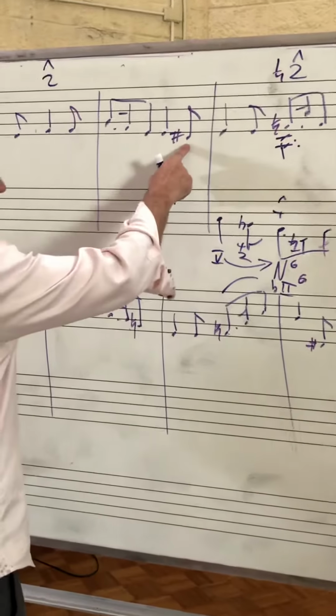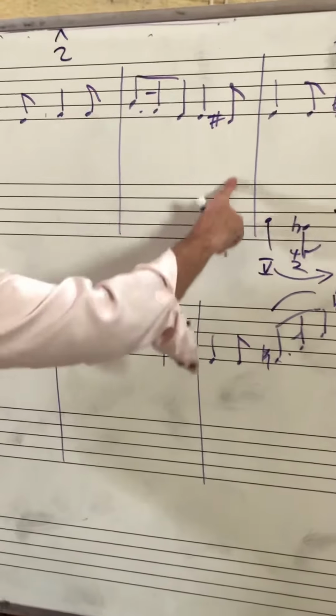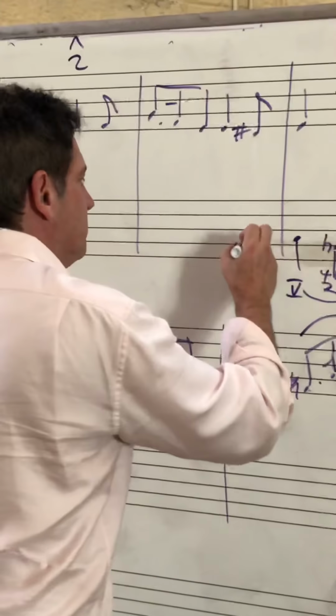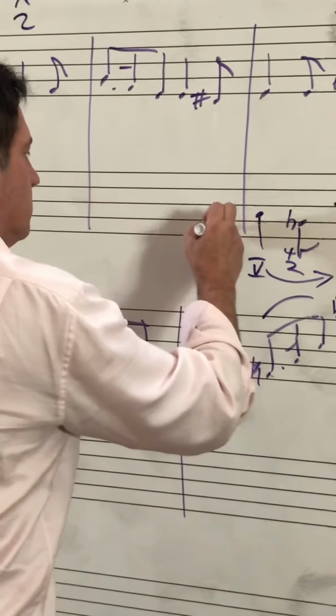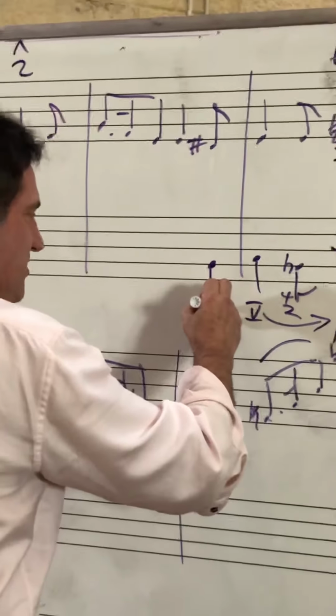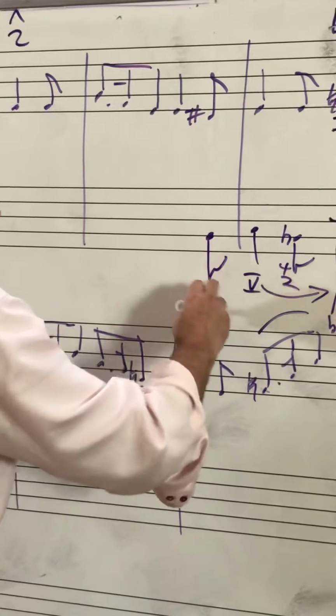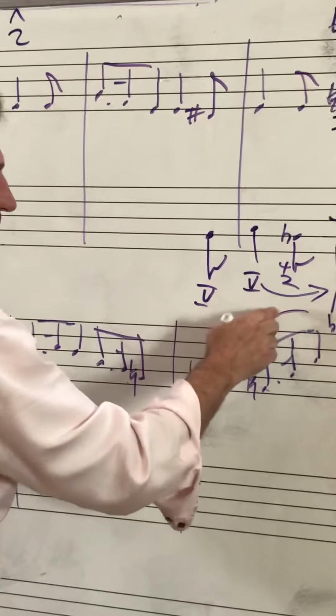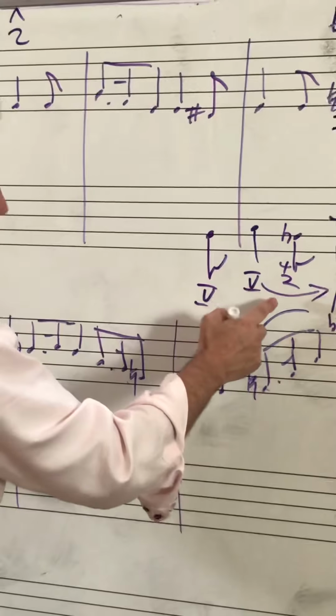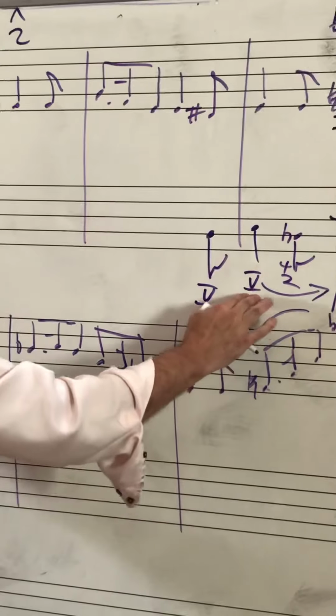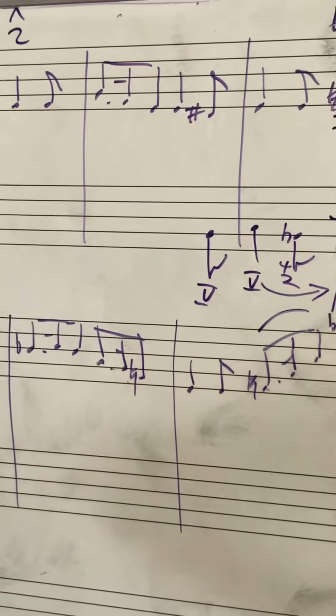And since this D sharp implies the tonic, it implies the dominant, 5, this could go deceptively, okay, from 5 to essentially 6, which is 5 of the Neapolitan, okay?